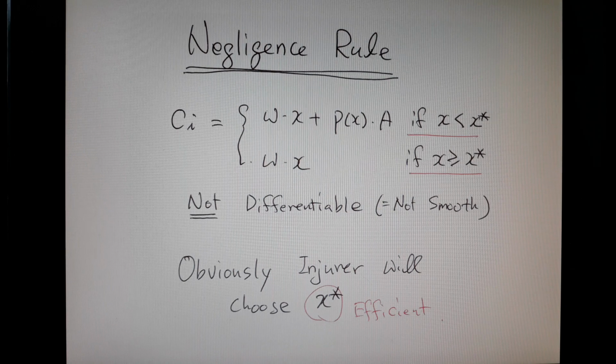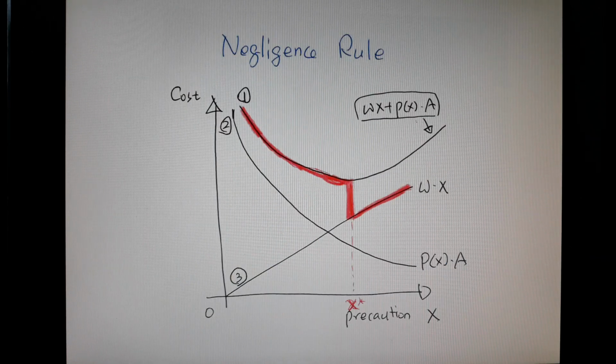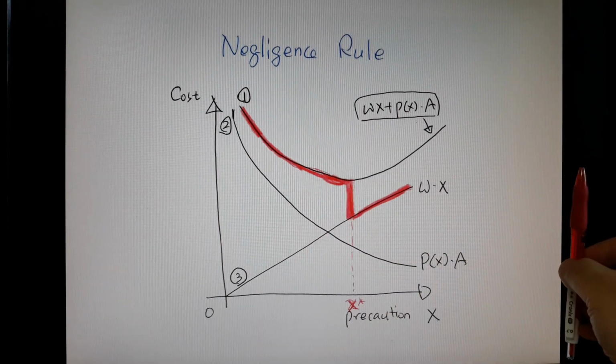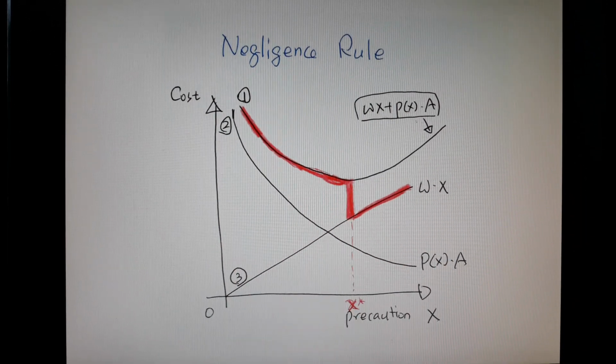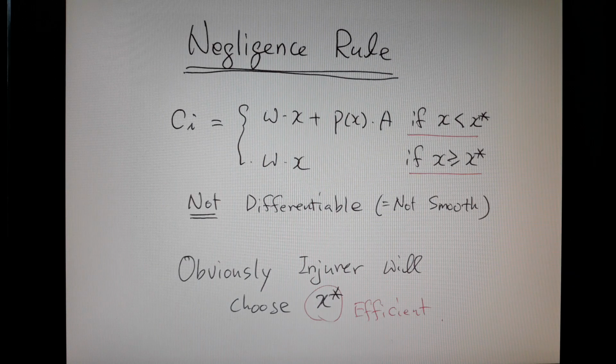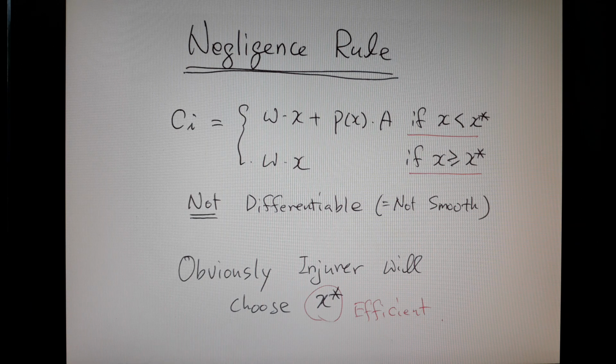It's the same as that. This has two different functions, x bigger than x star and x less than x star. So here we cannot differentiate because the graph is not smooth. However, obviously the injurer will choose x star as we have seen in the graph.